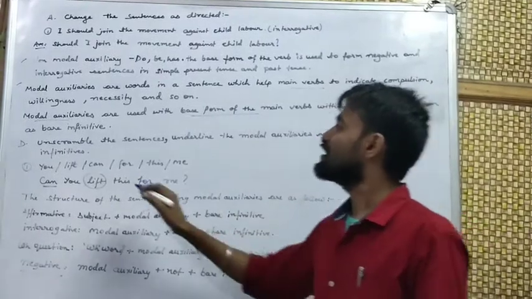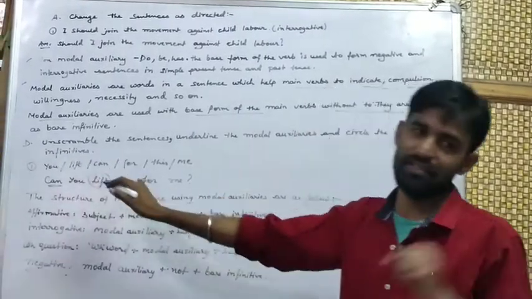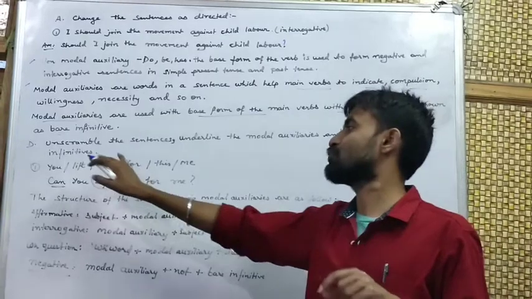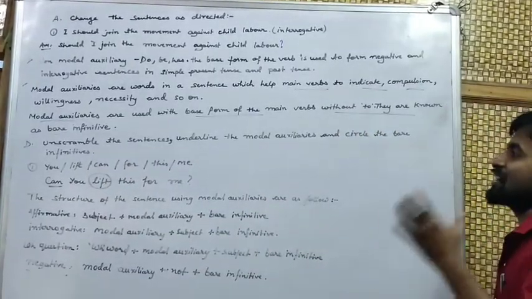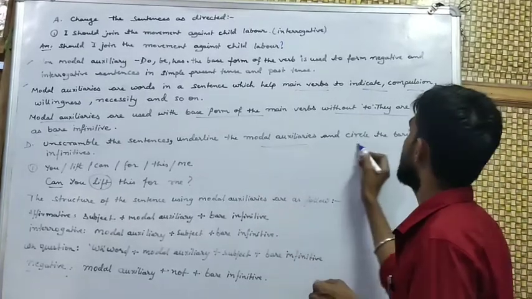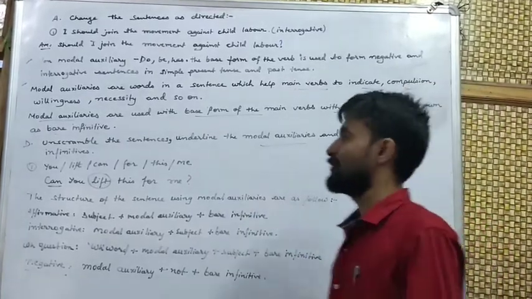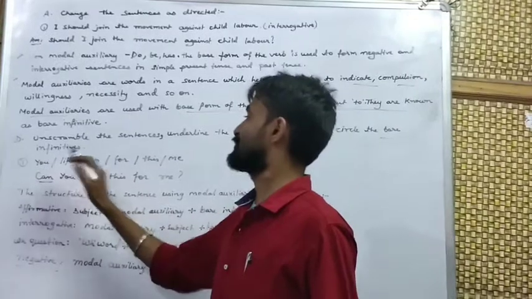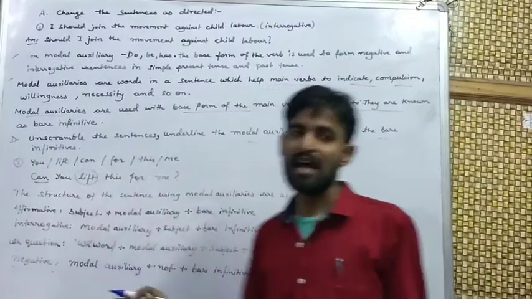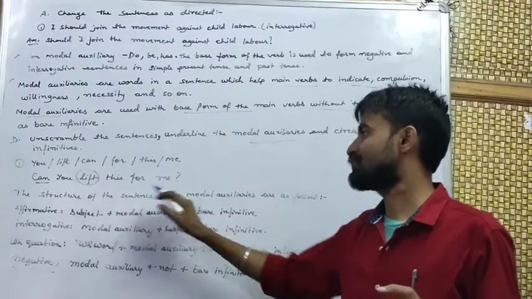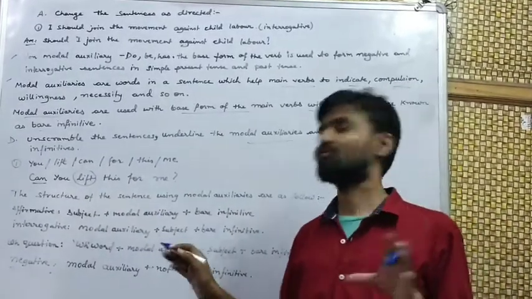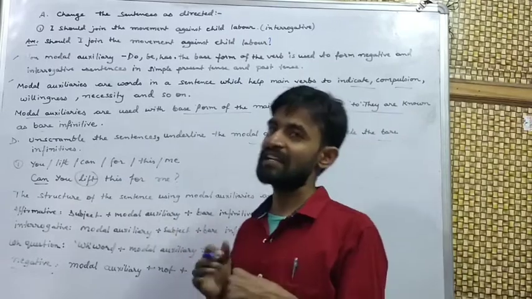This is the exercise that is given in your book: scramble the sentences, meaning rearrange the sentences, underline the modal auxiliary and circle the bare infinitive. I have taken an example: "you lift can for this me." I have arranged it and got "Can you lift this for me?" According to me, this is the right answer.